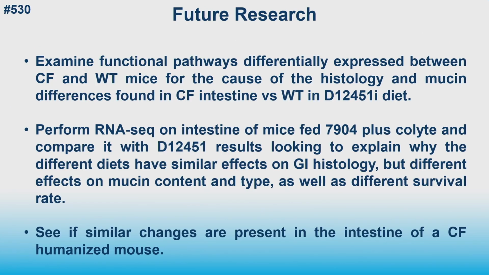In the future, we are just now beginning to mine all of those differential pathways, trying to see if they can explain the difference that we see in the histology and the mucin content in the protective diet. We're going to repeat these experiments using the 7904 diet with E. coli and see if they can explain why these two diets have the same histological changes but difference in mucin.